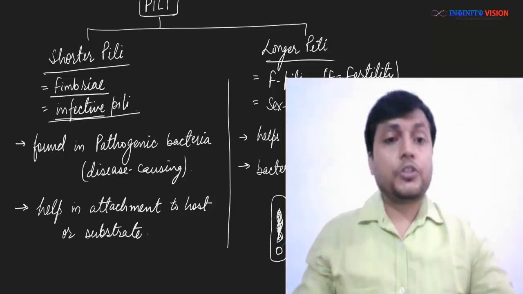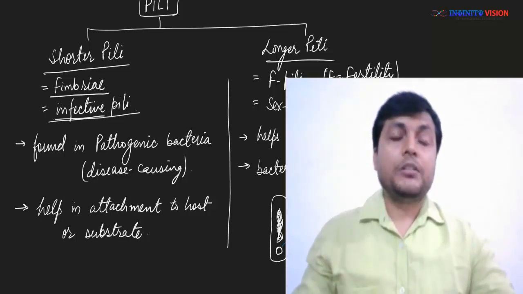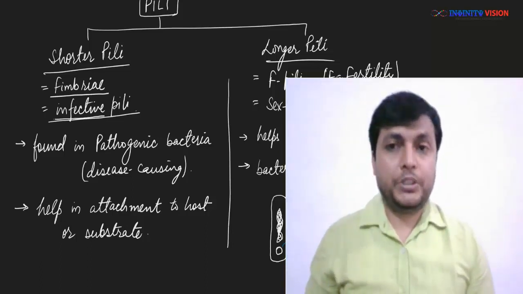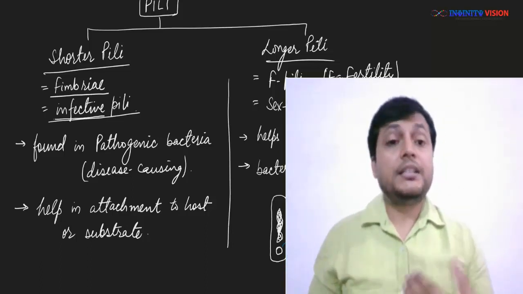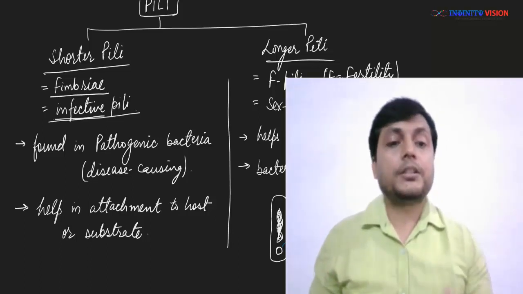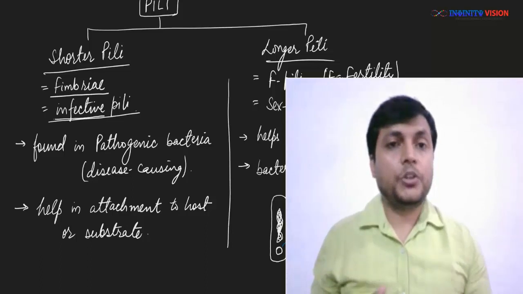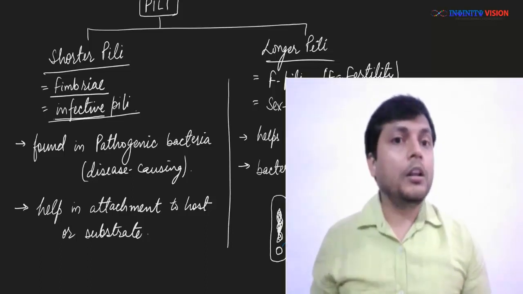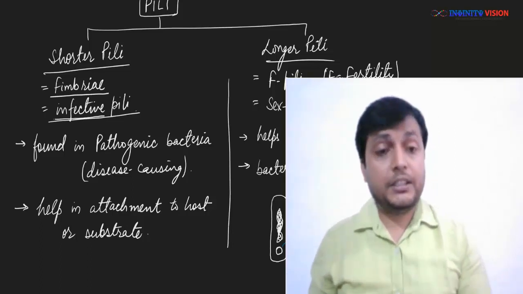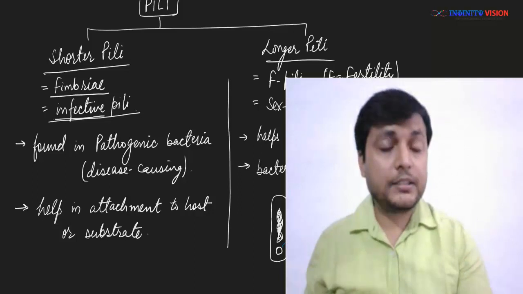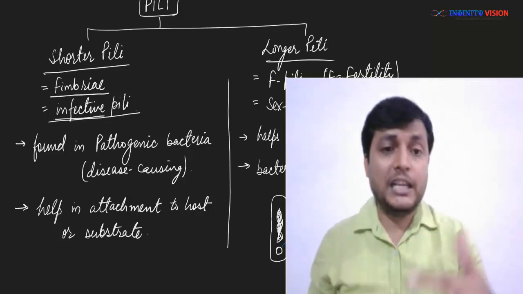In the coming lectures, we will see the detailed structure of bacteria or prokaryotic organisms, and we will start talking about individual components. That is, we will talk about the cell membrane, the cell wall, different types of bacteria on the basis of cell wall. We will talk about the glycocalyx, and in that we will talk about the slime layer and the capsule.